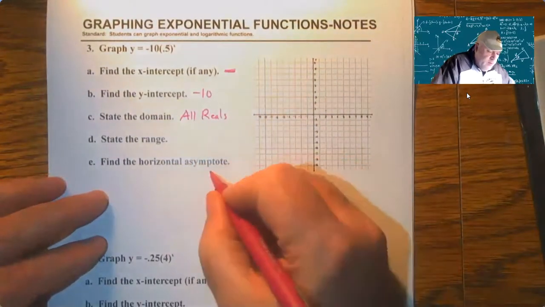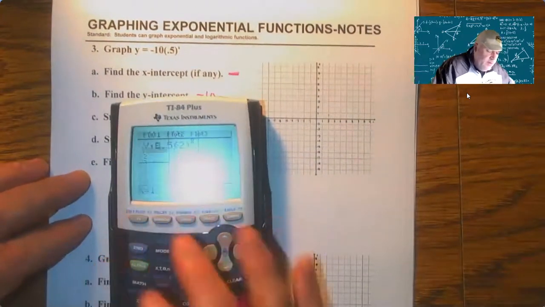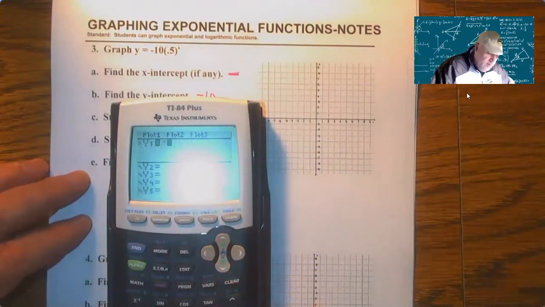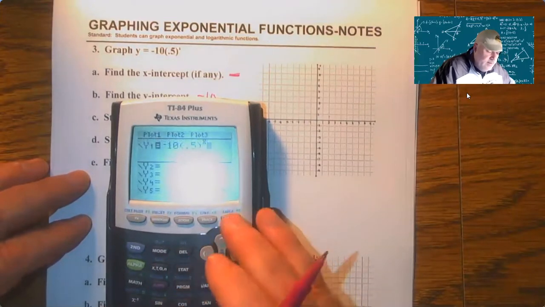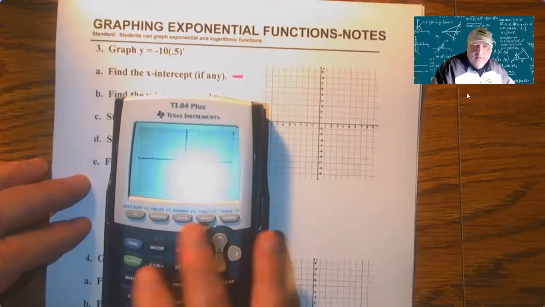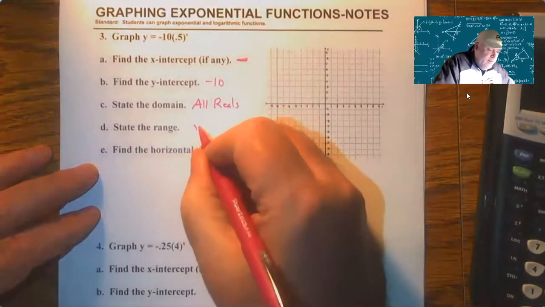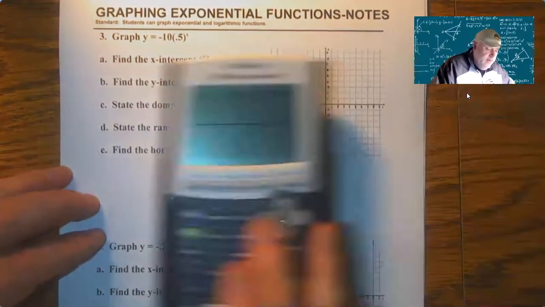State the range, so the horizontal asymptote is 0 again, and we just need to know what this looks like relative to that. It's sitting below. So we are less than 0 on that.